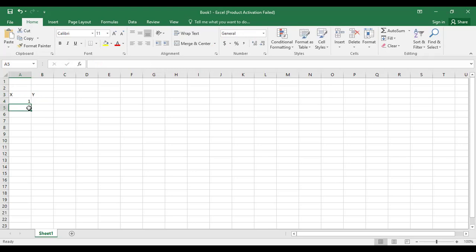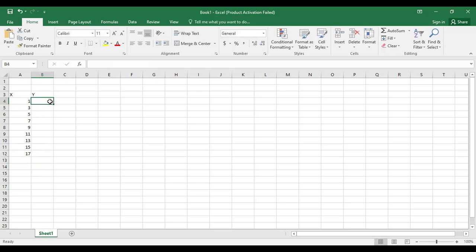So one, then the next equal to this plus 2. Then I'm just going to have at least 10 of them, up to 10.